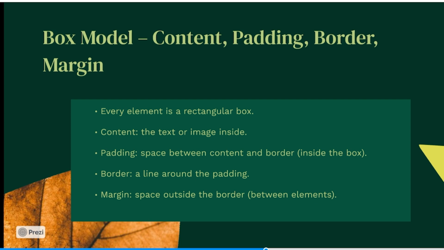These four are very important in the CSS box model. Understanding the box model will help you create better layouts. You can clearly understand the box model method. It will be very useful to create a better layout for your websites.